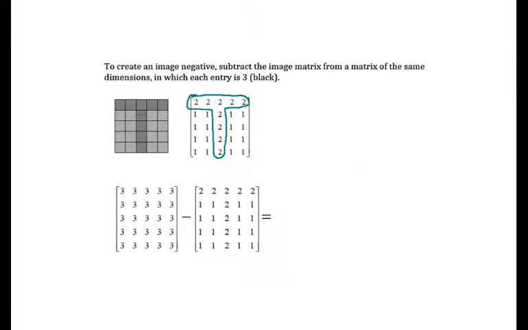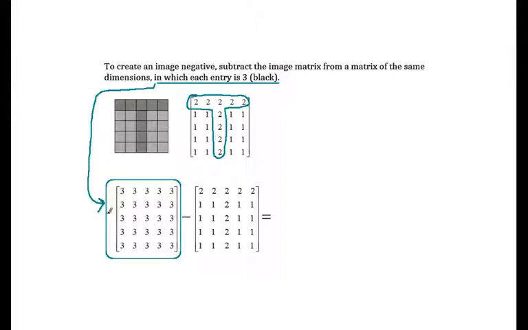And the way that we create an image negative is that we start with a matrix in which each entry is 3. So we're taking our darkest color. And that is this matrix here of all 3's. We're going to start with this regardless of what our image looks like. When we subtract off our image matrix, we can see what happens.